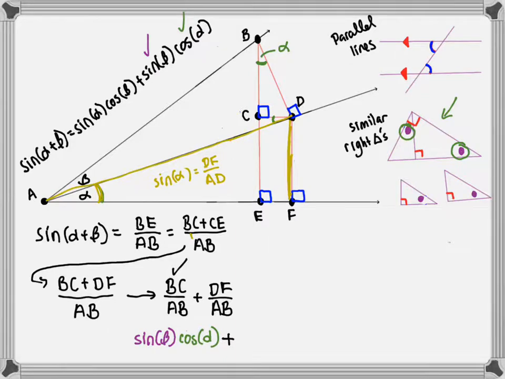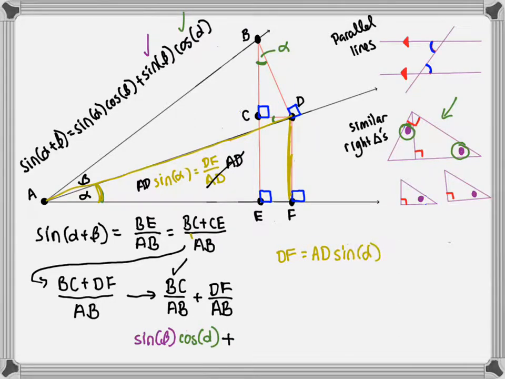So what we can do with that, down below, is multiply each side by AD, and those will cross out, and I'll end up with DF equals AD sine alpha.